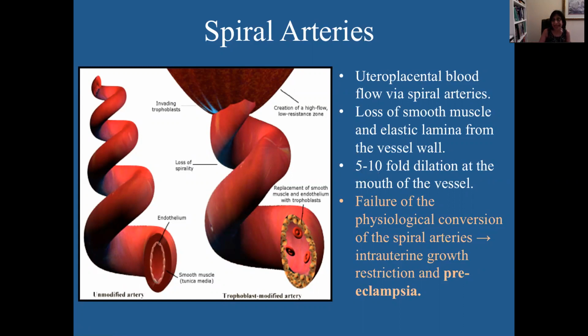If that did not happen, failure of the physiological conversion of the spiral arteries would lead to intrauterine growth restriction as well as preeclampsia. So those are some abnormal conditions that could be caused by the abnormal spiral arteries.